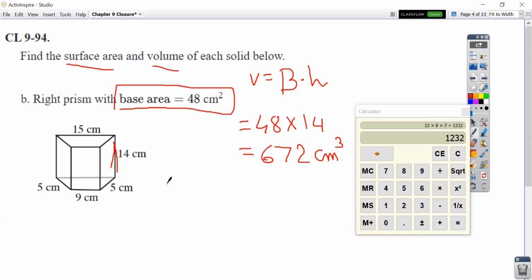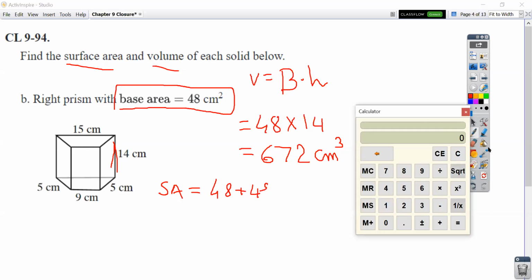All right, now we are looking for the surface area. We have the top base area, which is 48, and the bottom base area is the same thing, also 48. Now we are going to add all the areas around.